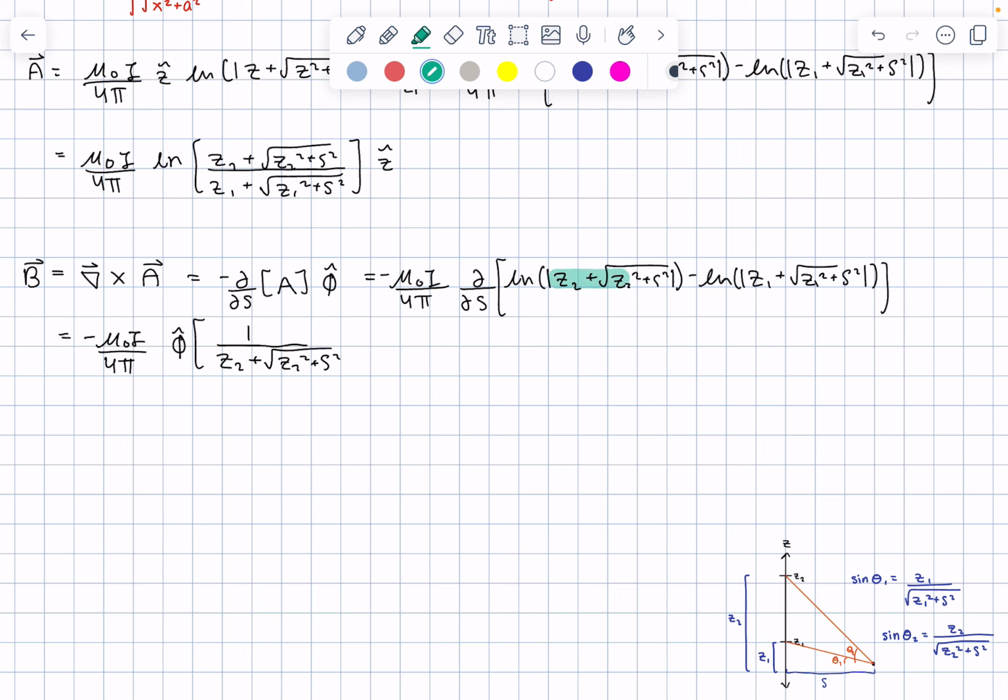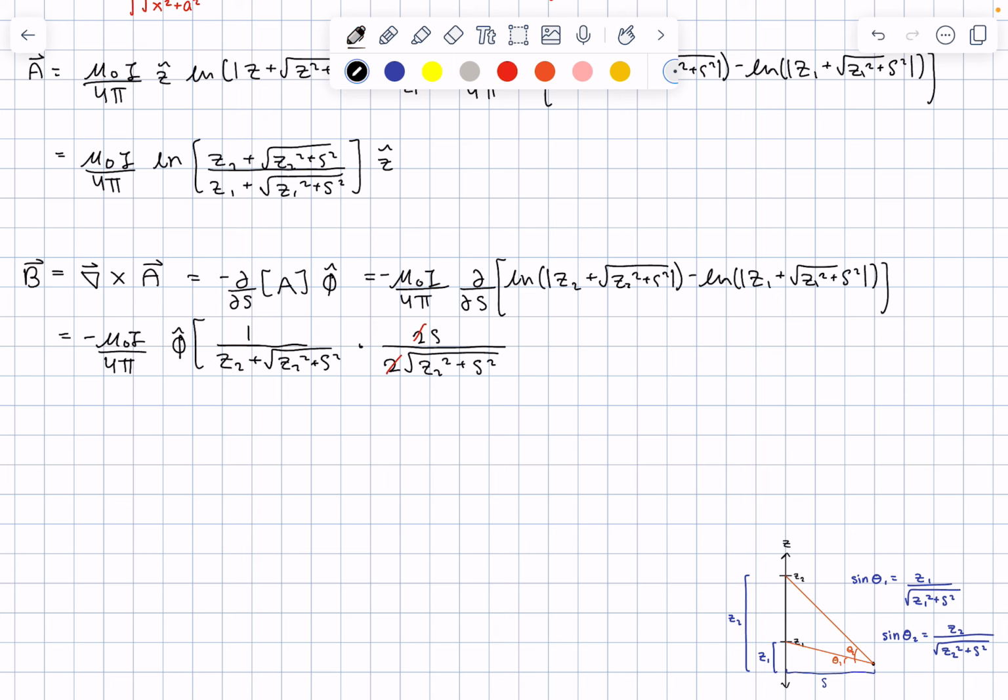And then we have to find the derivative of the inside and multiply that. So that is going to be 2s over 2 times the square root of z2 squared plus s squared, and then we can see our 2's cancel out, which is nice.